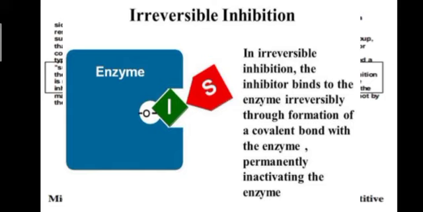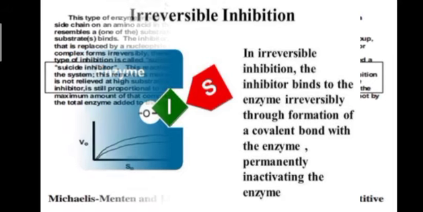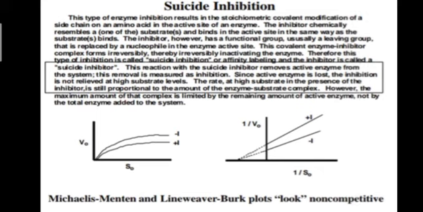An example is a special class of irreversible inhibitors, the suicide inactivators or suicide inhibition. These compounds are relatively unreactive until they bind to the active site of a specific enzyme.